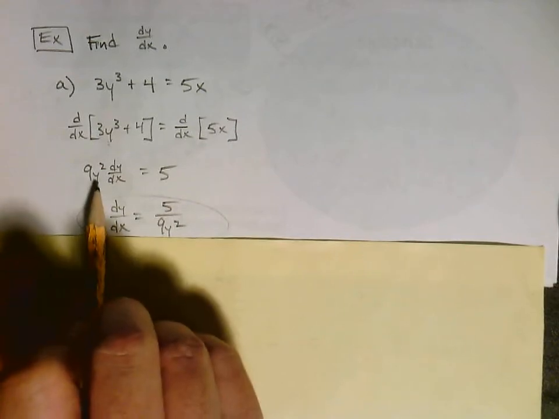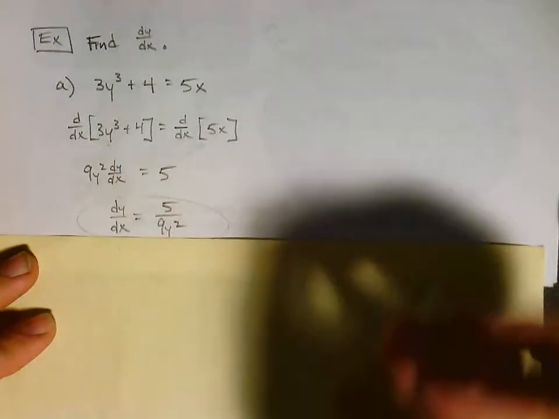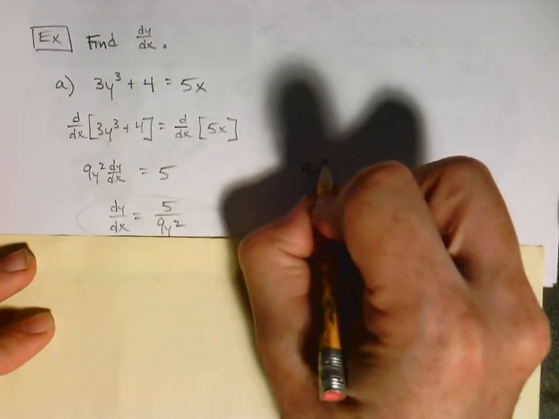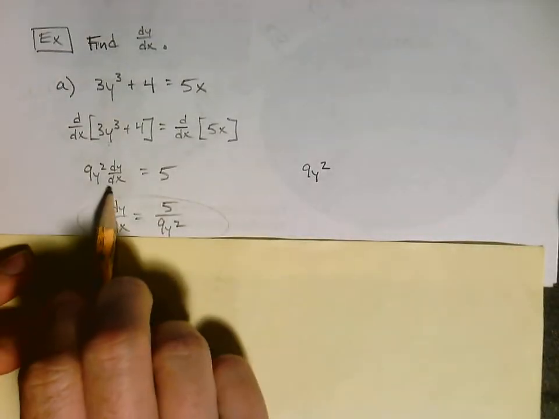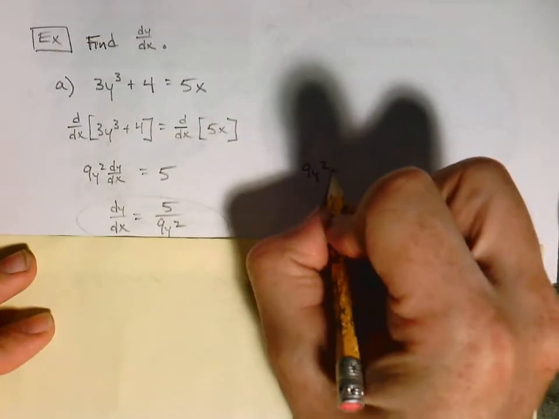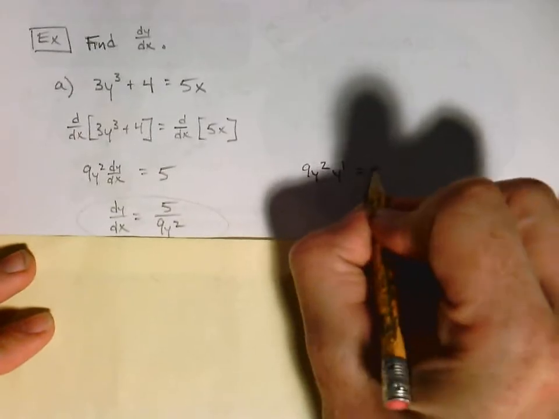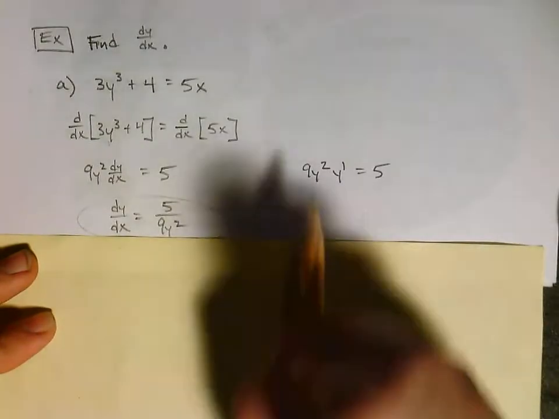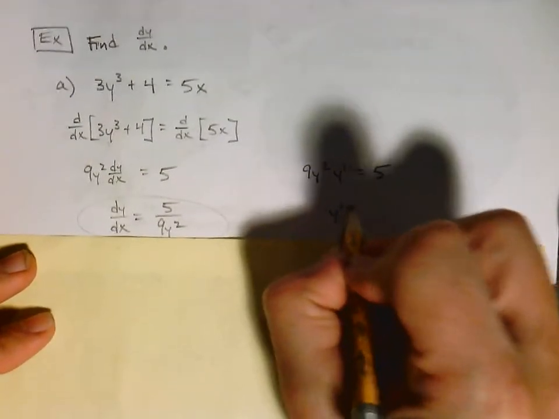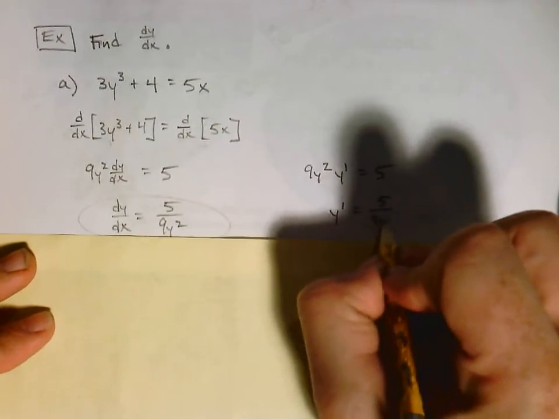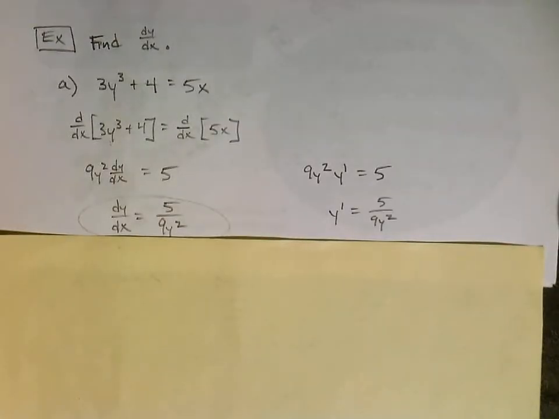But maybe at this point, you're taking the derivative and you can see it's 9y squared, and then instead of writing dy over dx, you prefer to write y prime, and then that equals 5. And then when you divide, you get y prime equals 5 over 9y squared. Nothing wrong with that, that's perfectly correct.